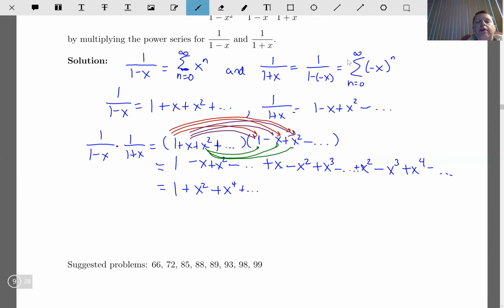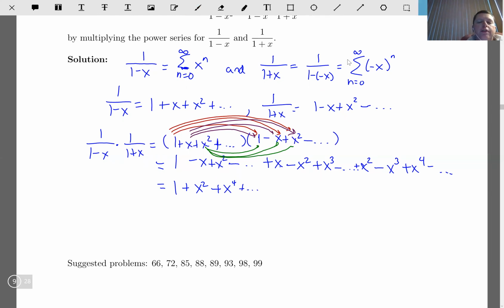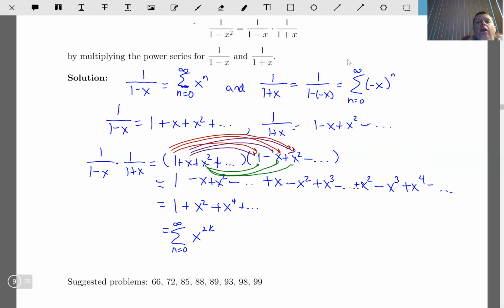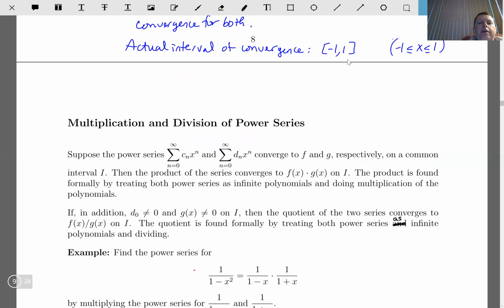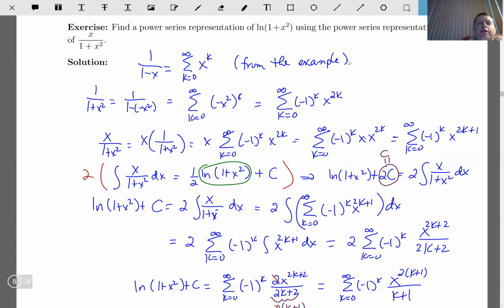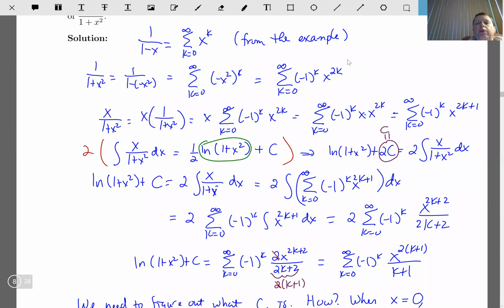So this looks like I'm going to end up with the summation n going from 0 to infinity of x to the 2n, because it's only evens. And if we go all the way back up here, we had 1 over 1 minus x squared, but close enough. See, we did get that x squared going on.